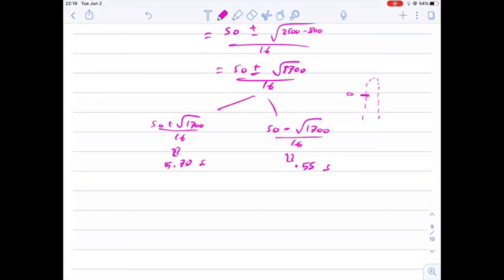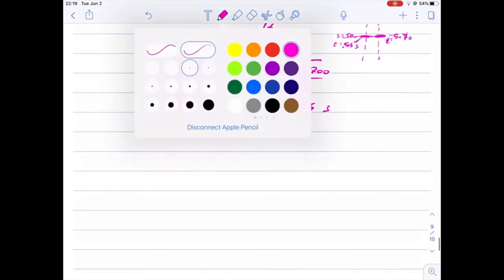If this height is 50, then this happens at time equals 0.55 seconds, and it happens here when it returns to earth, to the ground, after 5.70 seconds. It has the height S equals 50.